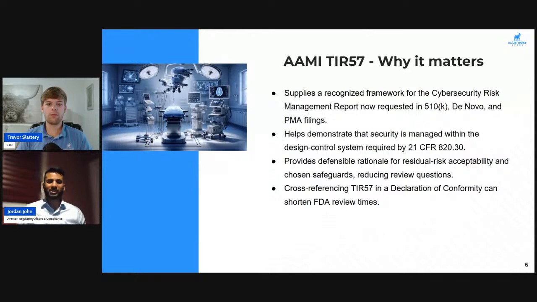So TIR57, as Trevor has been mentioning, ties back to ISO 14971. So we're all used to ISO 14971, the benchmark risk management standard for medical devices. But what's different is the cybersecurity aspects, really, right? But the methodology, more or less, although there are some differences, is similar.